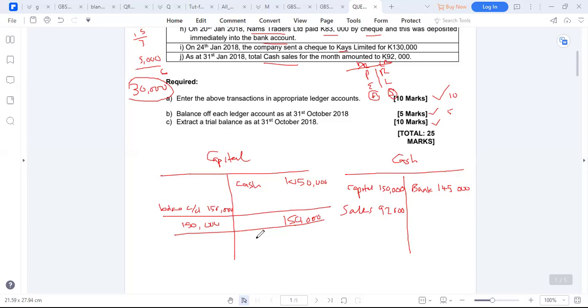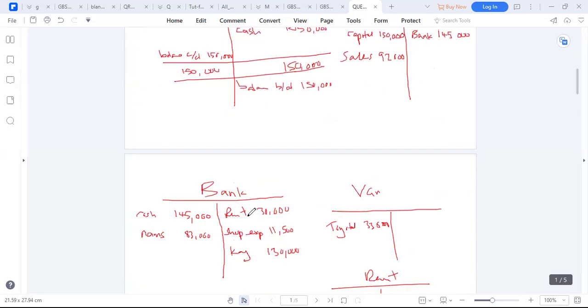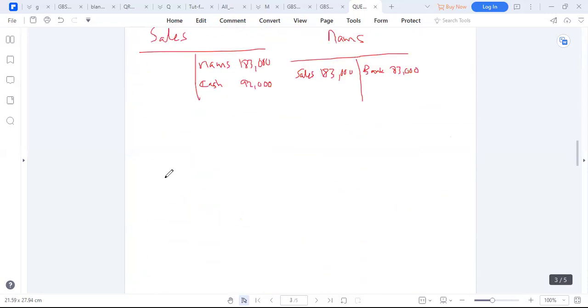Then the balance brought down goes to the opposite side. Balance brought down, 150,000. So this is a credit balance for capital. Trial balance.